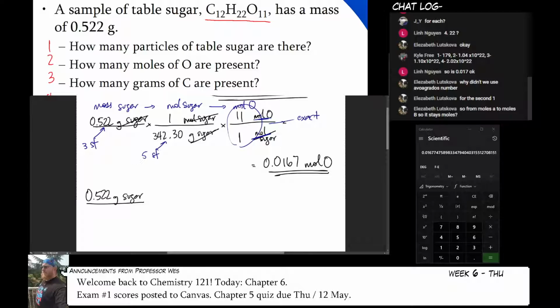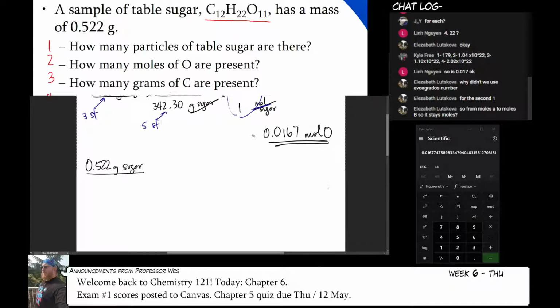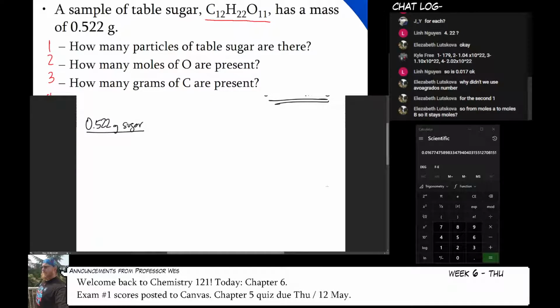I cannot stress that enough. Because the second you stop writing down units is the second you're like, oh no, what does this mean? And then you go back and look at it the next day and you're like, I don't know what this was. It's just a bunch of numbers, right? And we don't want that.